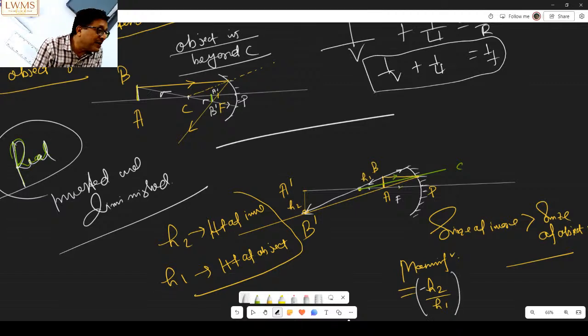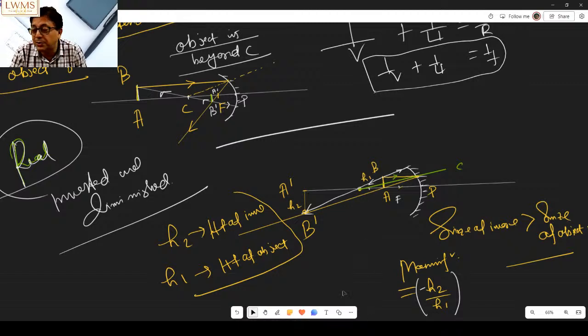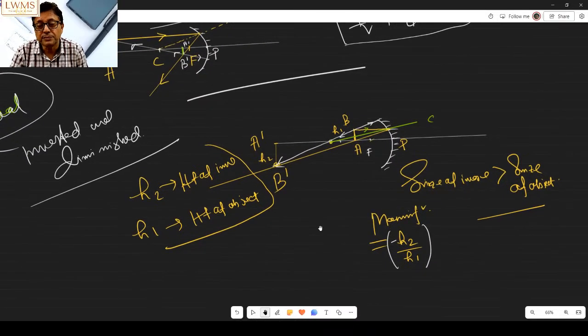Magnification will be minus h2 by h1 according to sign convention. But in these two similar triangles, you see two similar triangles are there. Which two? This one and this one, they are similar triangles.